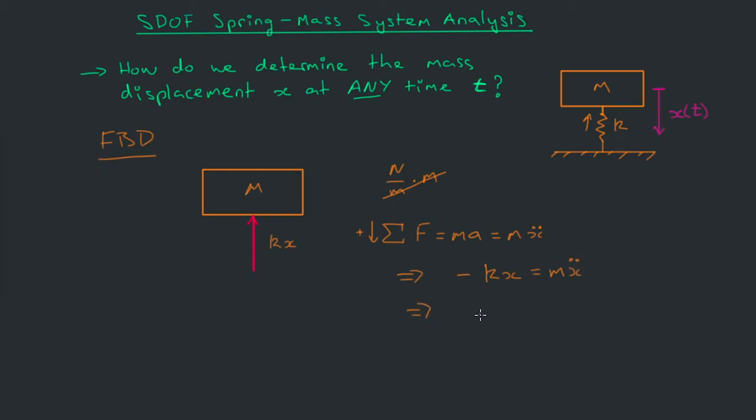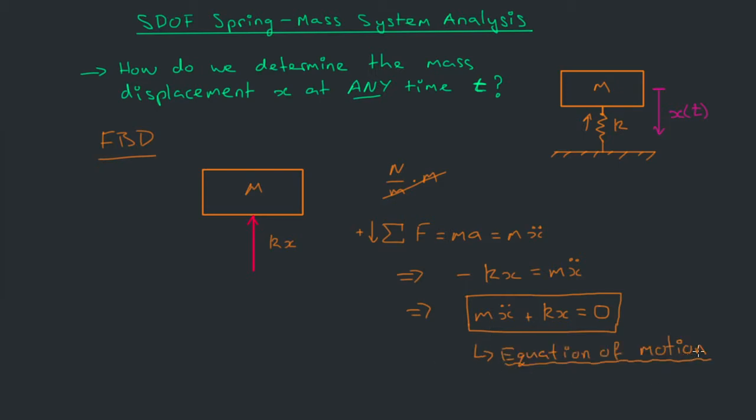Now rearranging this, we get m x double dot plus kx is equal to 0, because we moved this around to the other side. This is our equation of motion. As this mass moves up and down, this equation describes its position.